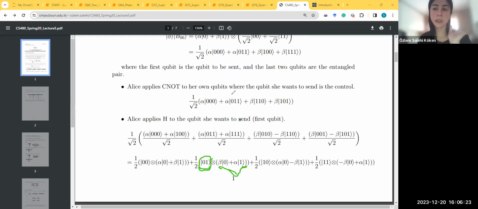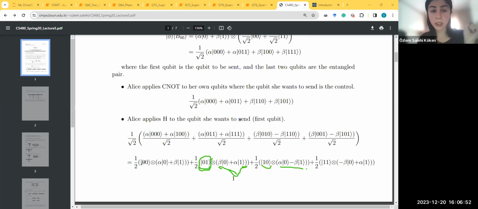Is this clear to everyone, or do you have any doubts, any questions? If you are able to see this, then you will also see that if Asya makes the measurement and she sees 1, 0, then this is Balvis's qubit state, and so on.